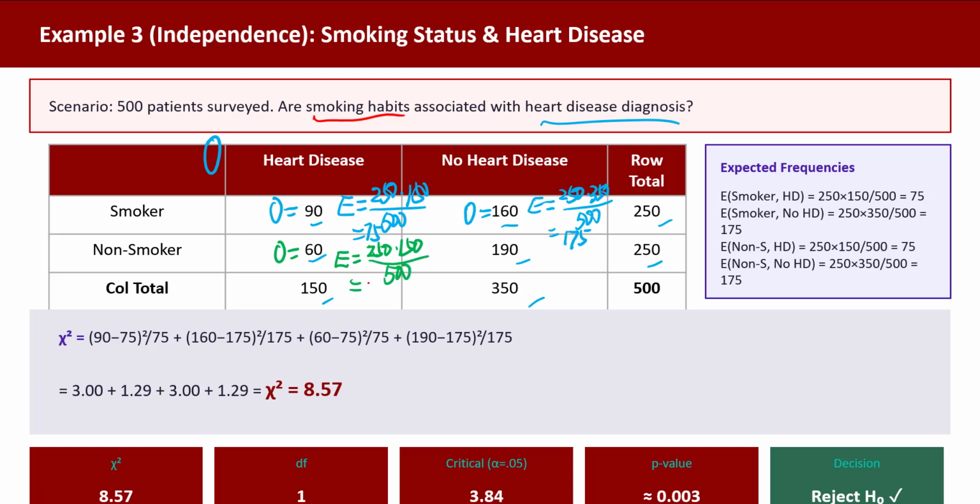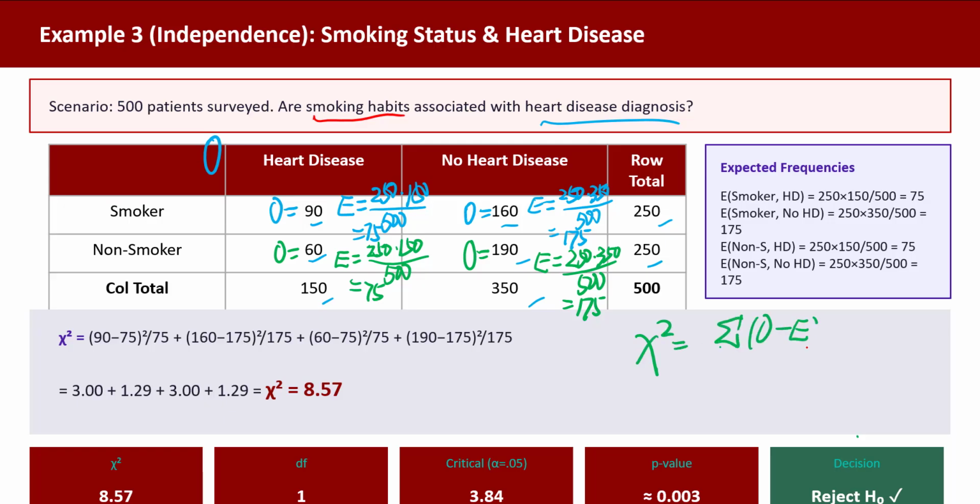Then again, simplify, we get 75. The last one is observed frequency 190, expected frequency row total 250 times column total 350 over 500. That is 175.